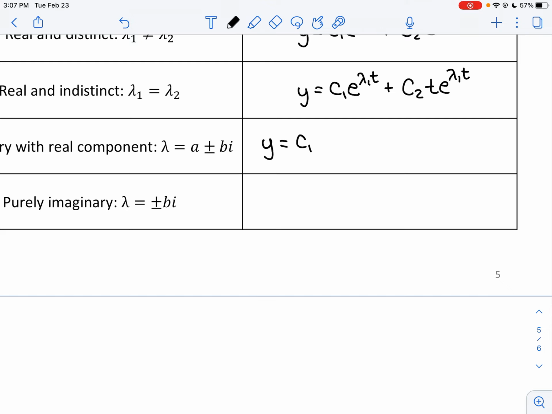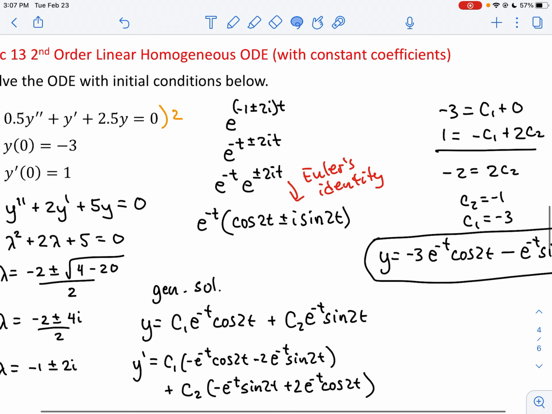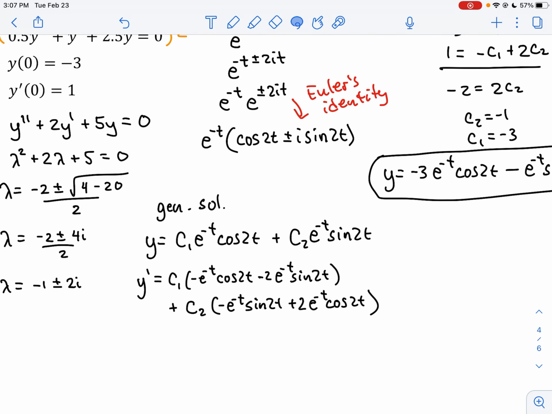going to be some constant, c1, times e to the at times the cosine of, and then let's see if we can track what the bi did in this example here. All right, so here's the bi, the plus or minus 2i. Track its effect. That just led to having a doubling of t, and a doubling of t being the two arguments of our cosine and sine functions.